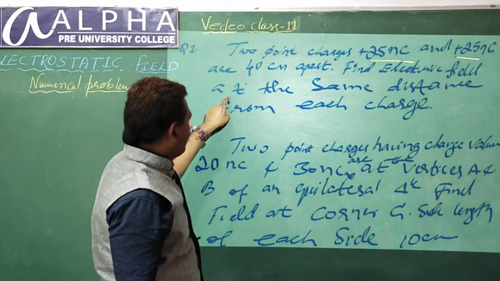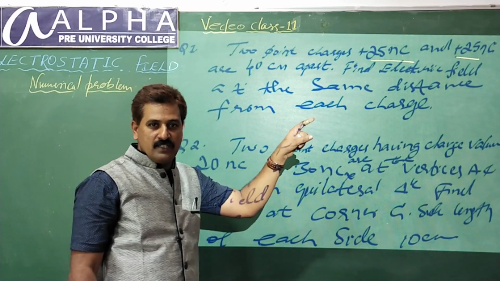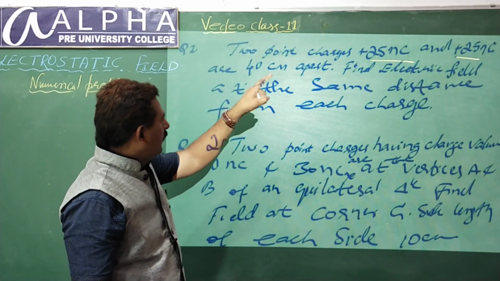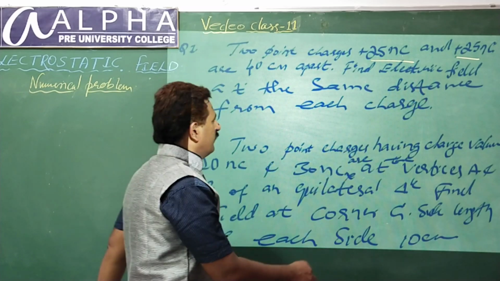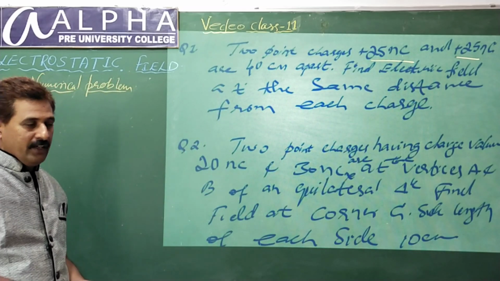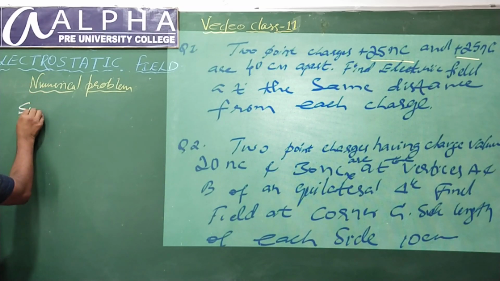Find the electric field at the same distance from the charges, that is, 40 centimeters from each charge. We did a very similar problem for electric force, right? Now let's see the solution part.